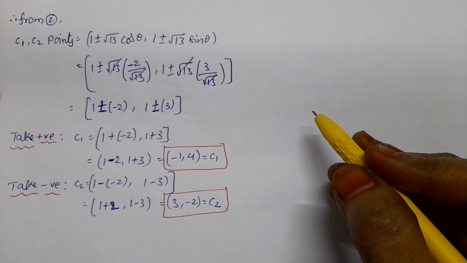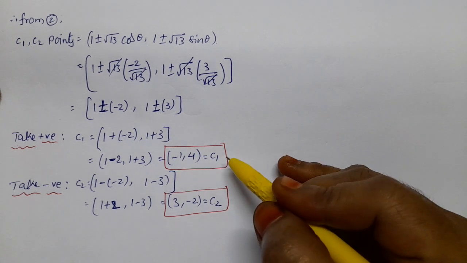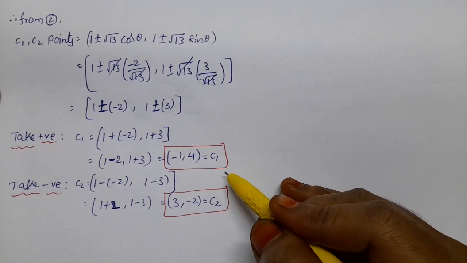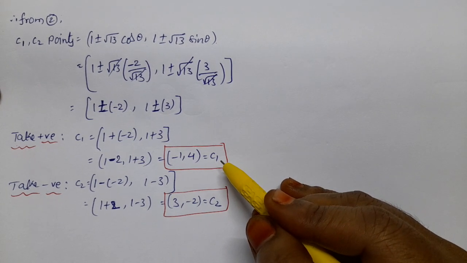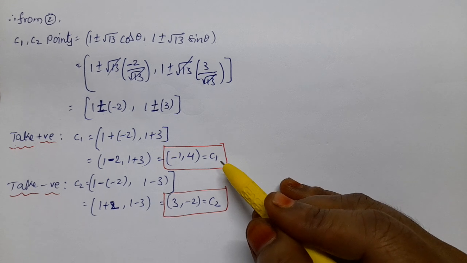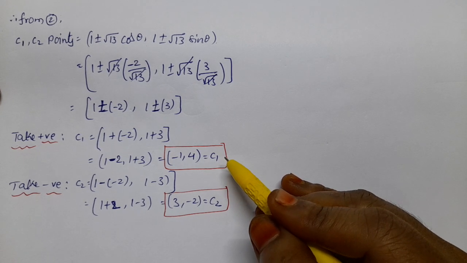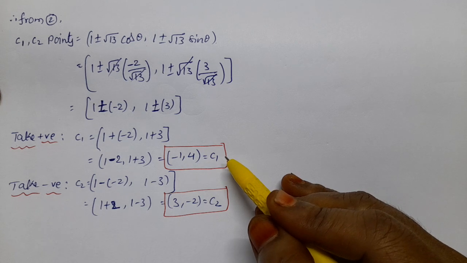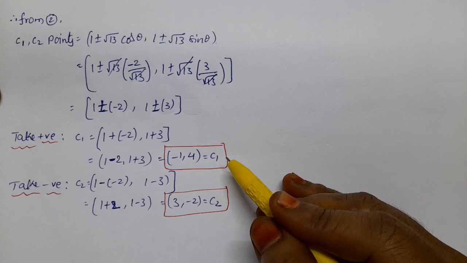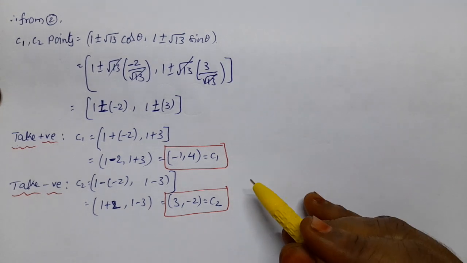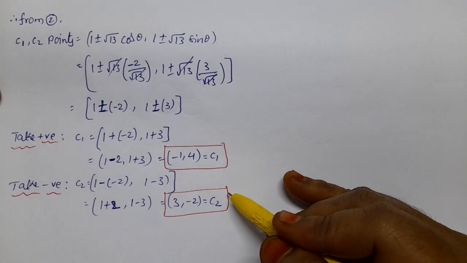In this problem, the major part is to find the centers C1 and C2. For that, using the given point P in the points formula, x1 plus r cos theta, y1 plus r sin theta, and using the given line with the formula m1 into m2 equal to minus 1. In this way, we calculate C1 and C2.